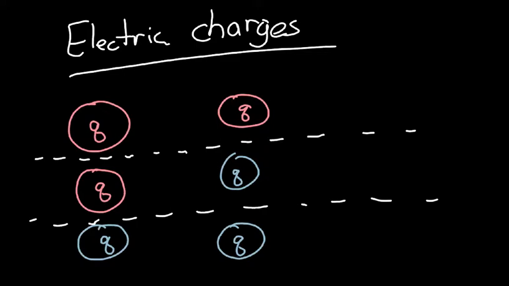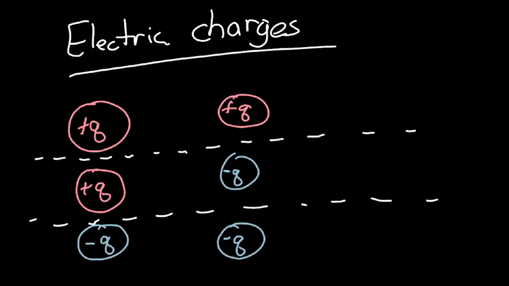And that's where we find our first difference between gravitation and electric forces. We only have one type of mass. We don't have like a positive mass and a negative mass, or a north mass and a south mass, but we do have two different types of electric charges. We distinguish those as positive charges, drawn here in red, or negative charges, drawn here in blue.